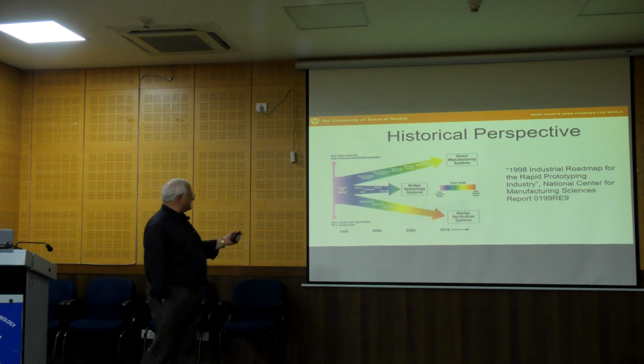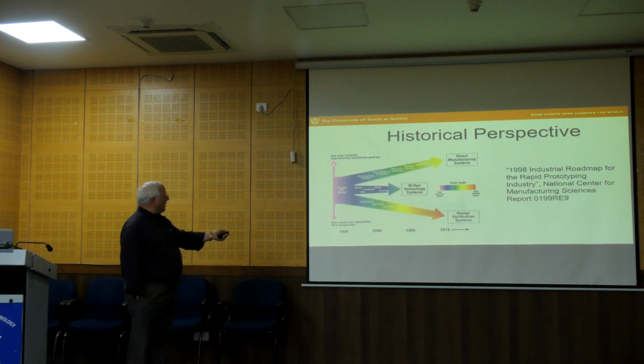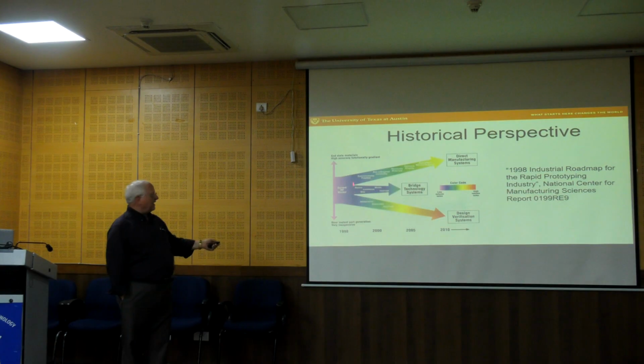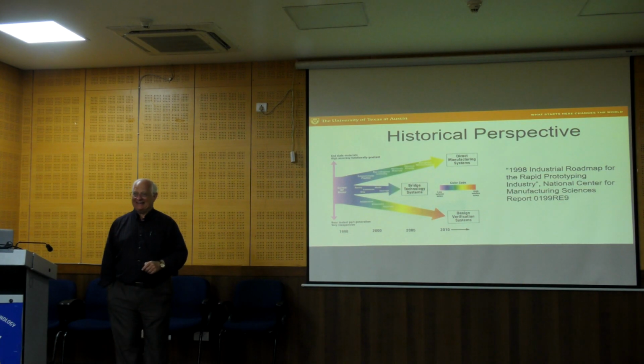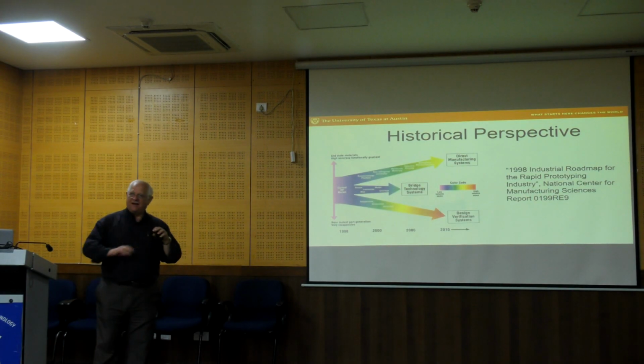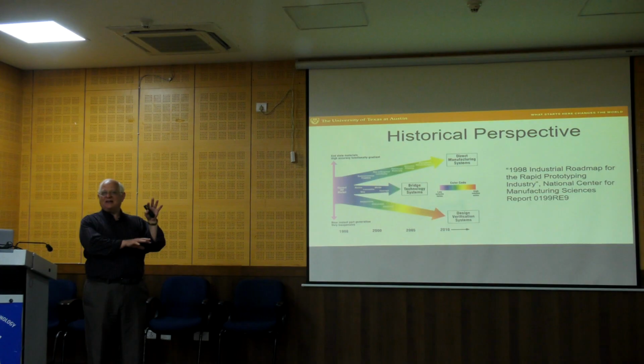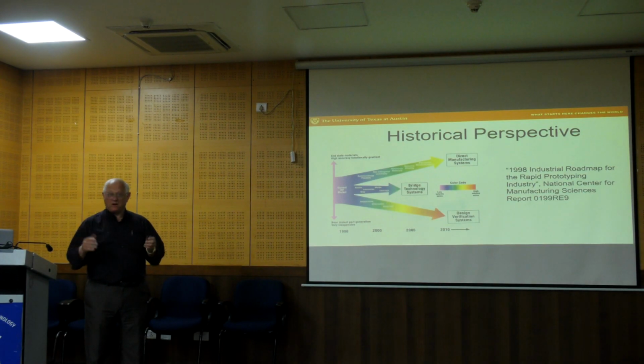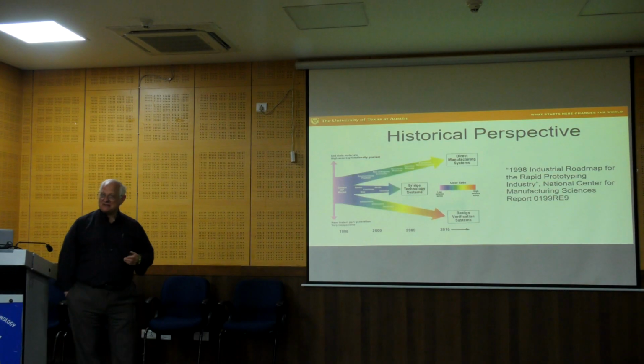What they basically said is, here we are in 1998, and here's what the future looks like, going all the way to 2010. They said there was going to be a separation of the technologies into three groups, and they were correct. We have these three groups today.